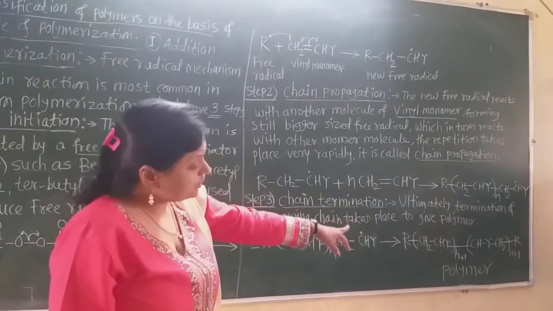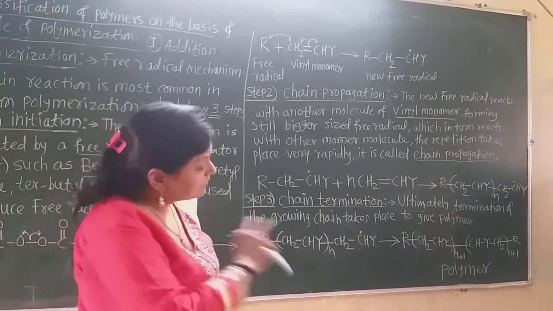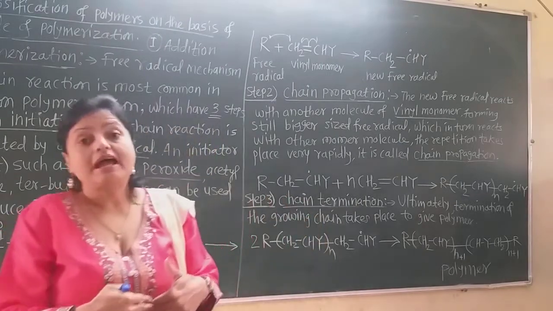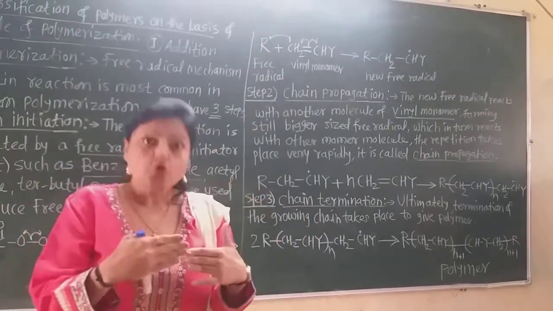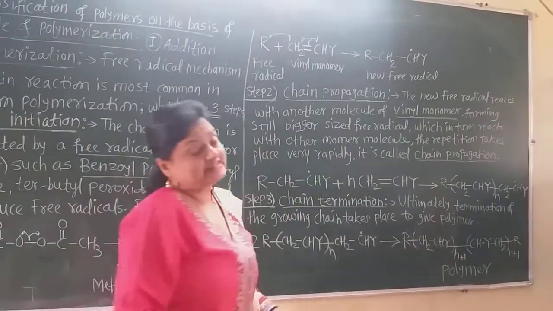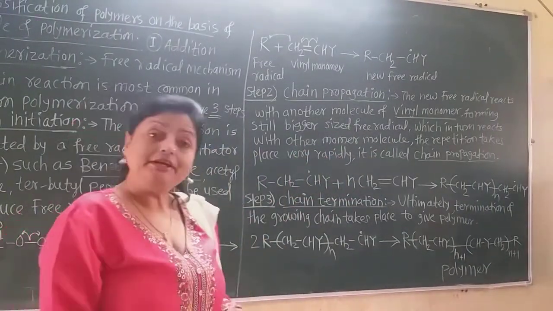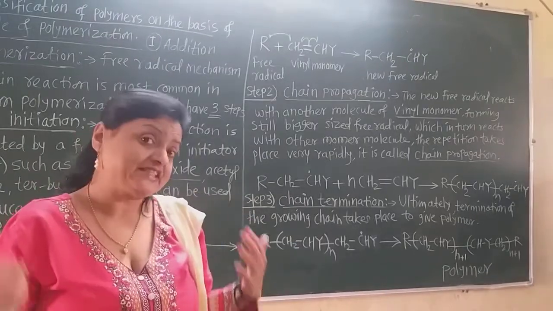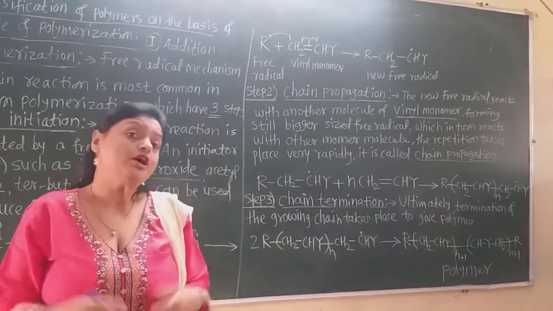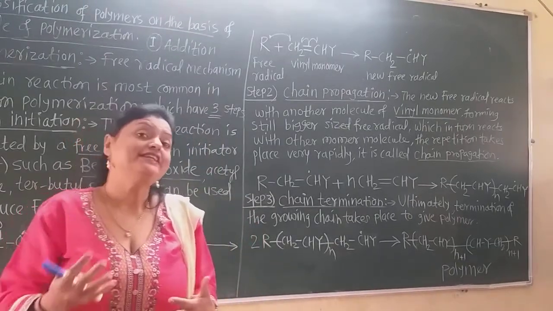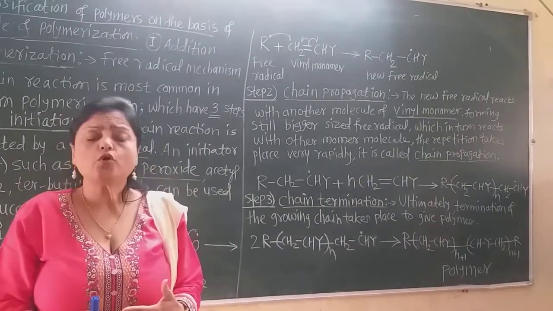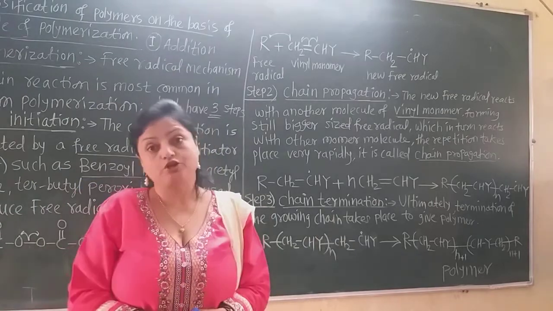So RCH2CHY n plus 1 and CHY CH2R n plus 1 get terminated, and the two free radicals combine, and there is a bond between them. That means there is termination, and after termination of these two large chains there is the formation of a large molecular weight polymer. This is what happens in addition polymerization. All these monomers get added and form big sized polymers.